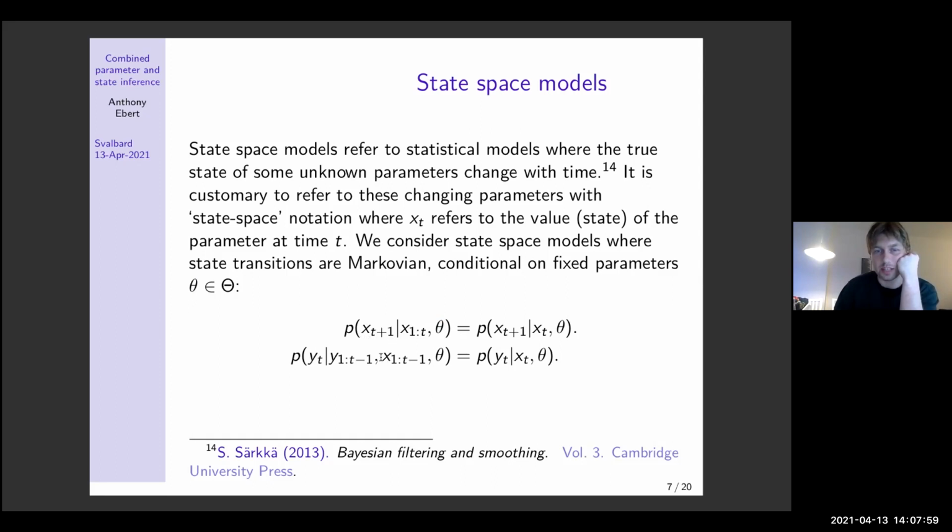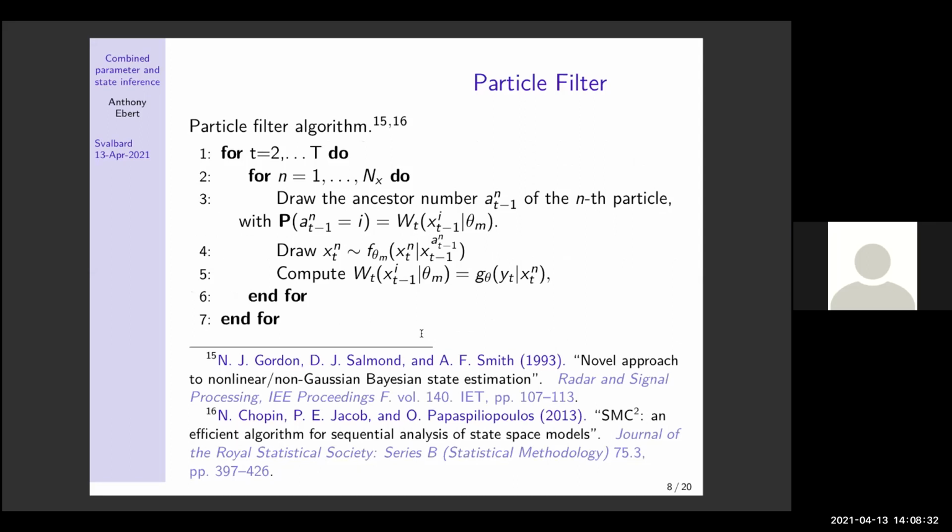The value of the state determines the distribution of observations y. So we're using y to infer x, and x is moving around according to theta, and y is distributed also depending on theta. But in the conventional state space model, we assume we know theta.